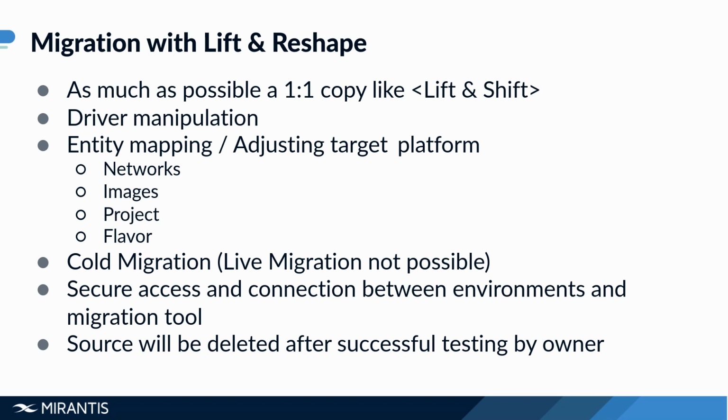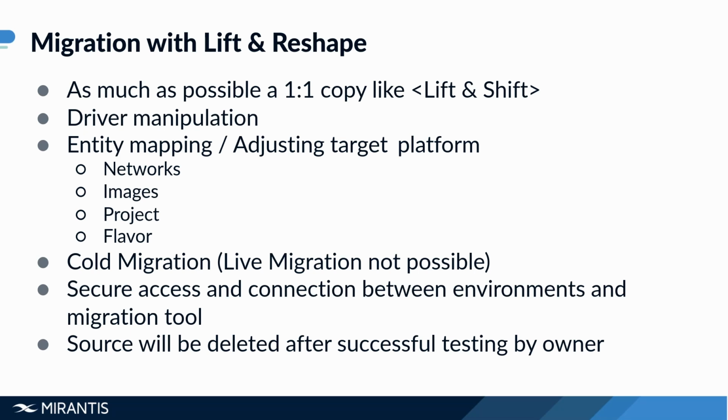A flavor is a description of the resources of your virtual machine. So memory, CPU, and the disk itself. This is also possible, and the information is all there, right? So that's not a problem, because in VMware you can actually just configure these based on your needs.